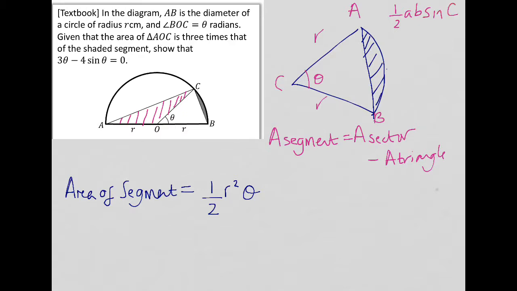Well, my little a and my little b, they are going to be R, and my sine C is going to be therefore theta. So minus half A, B, sine theta.